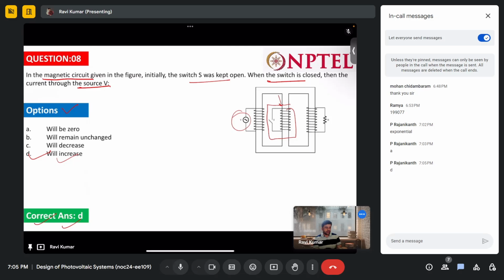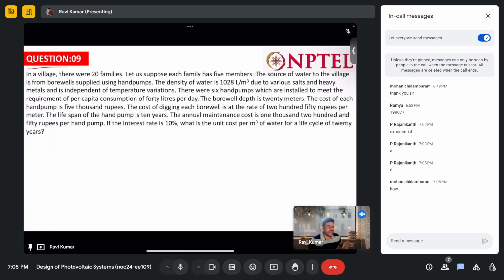Now we have a tougher question, but you need to solve it. Simple one, need your whole calculation part here. So we have 20 families. Let us suppose each family has 5 members. So we are talking about a village, 20 families, each having 5 members. The source of water to the village is from borewells supplied using hand pumps.